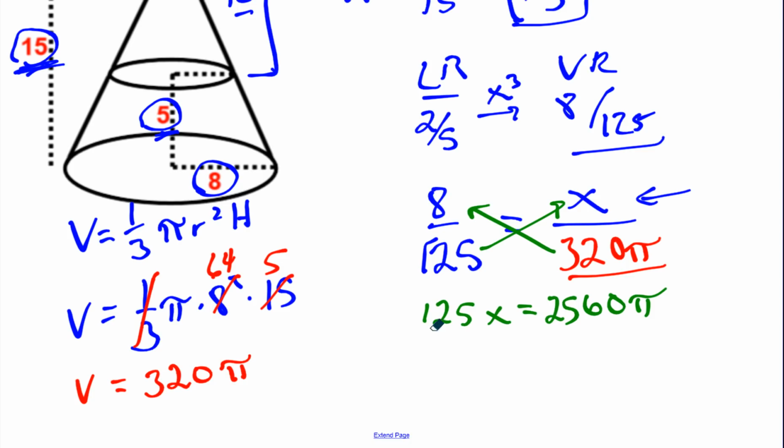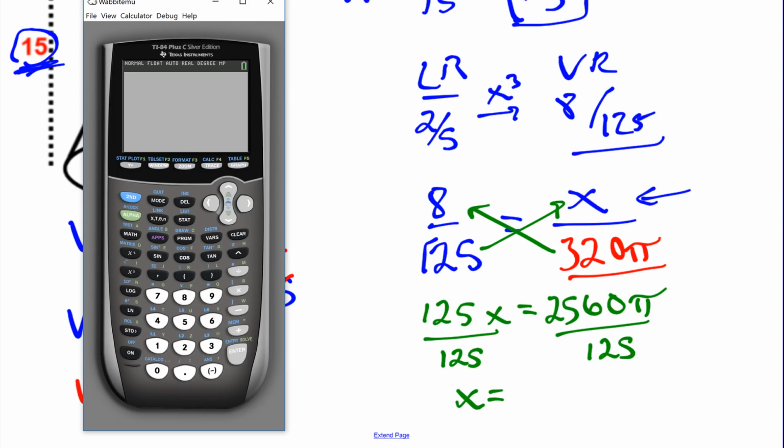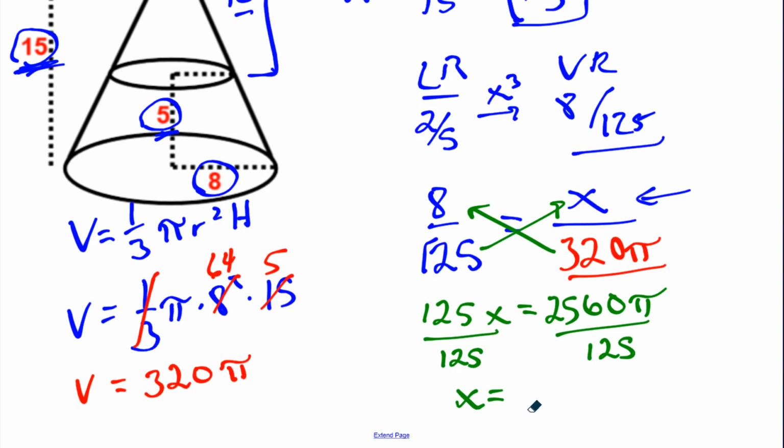So now I need to divide both sides by 125. And 2,560 pi divided by 125 puts us at 64.34.